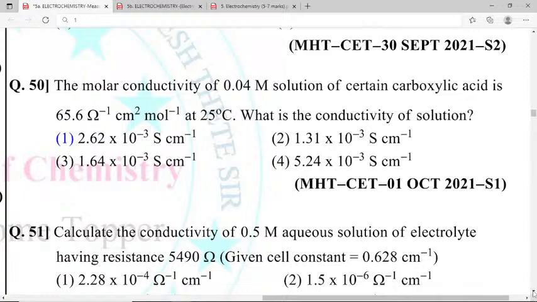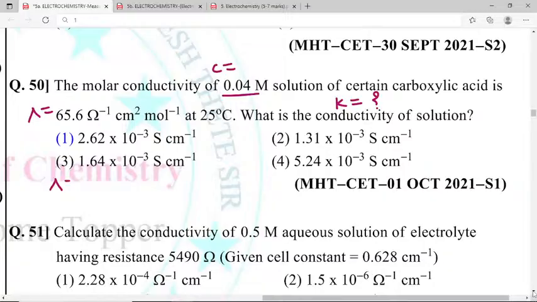The molar conductivity of 0.04 molar solution. So this is the concentration given. Molar conductivity lambda is also given. What is the conductivity? Conductivity we have to calculate. What is the formula?